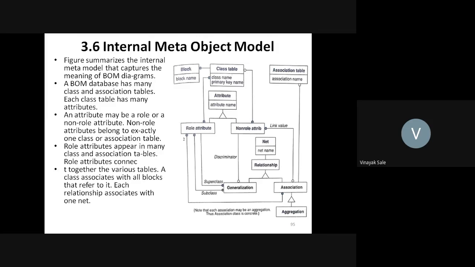A class associates with all blocks that refer to it. Each relationship associates one net. See here the example block. Each block has a block name associated with a class table. The class table has a class name and primary key name.